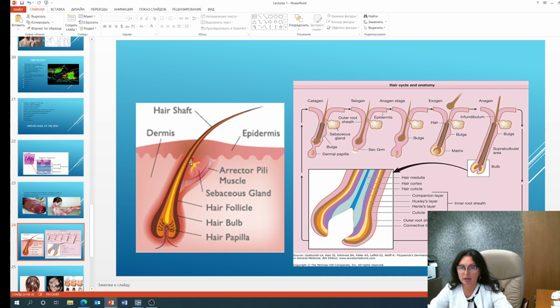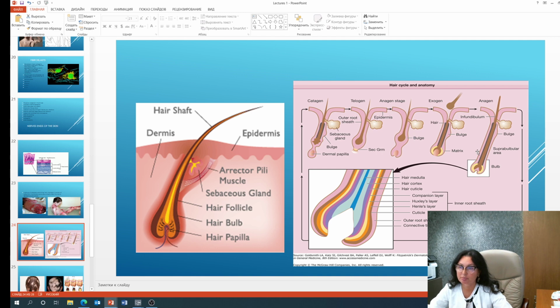The hair follicle with the sebaceous gland and erector pili muscle forms the pilosebaceous unit, and there are the hair medulla, hair cortex, cuticle, inner root sheath, outer root sheath, and connective tissue sheath.